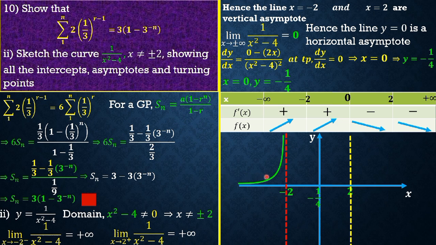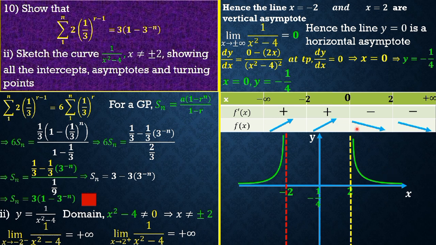Then, what's the limit as x approaches 2 from the right-hand side? What is happening to y? y still goes to positive infinity, so we have a curve of this form where x approaches from the right, and y still goes to positive infinity.